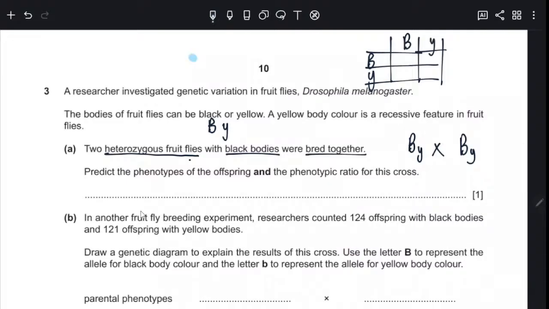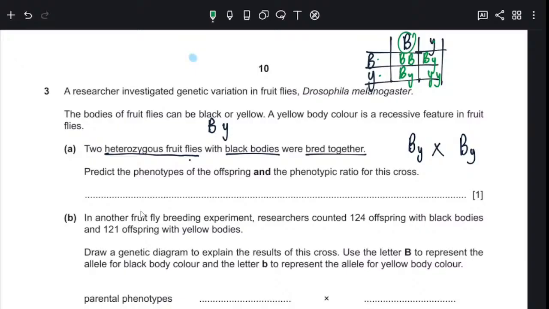You are going to get B and B will meet, B and y will meet here, then this B and this y will meet in this one, then the y and the y will meet here. So what are the phenotypes? They are asking us the phenotypes.